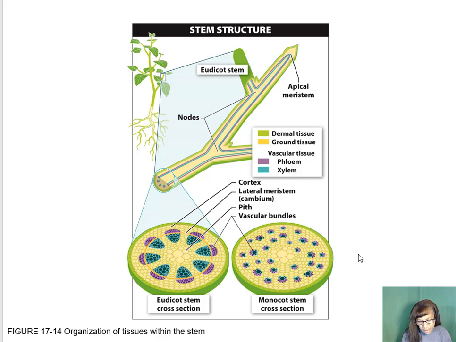We can see that we have the exact same structures here in a monocot stem, except the architecture is a bit different, yet the same structures are present when we take a look at, for example, the vascular bundles. We can see the dermal tissue, the ground tissue, and the xylem and the phloem regions.